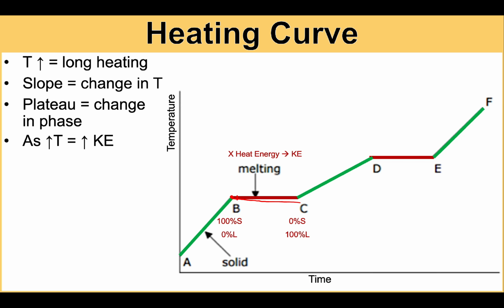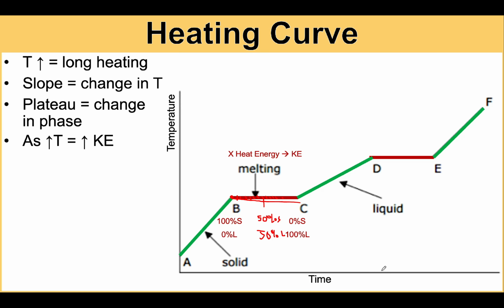All the points here will have their own ratio. So in the middle, you will have 50% solid and 50% liquid. At point C, all the material has been changed to liquid.